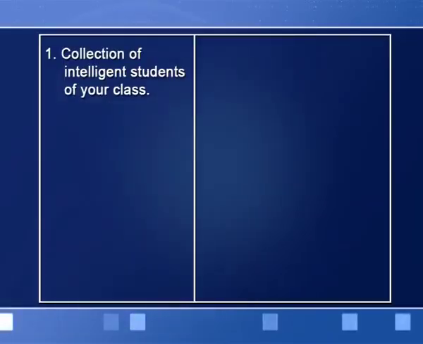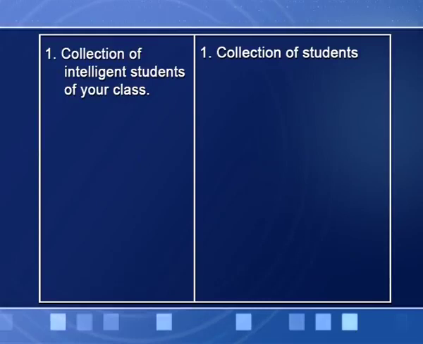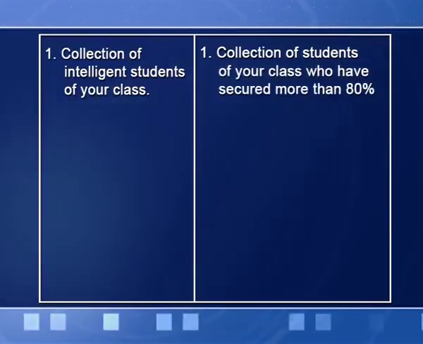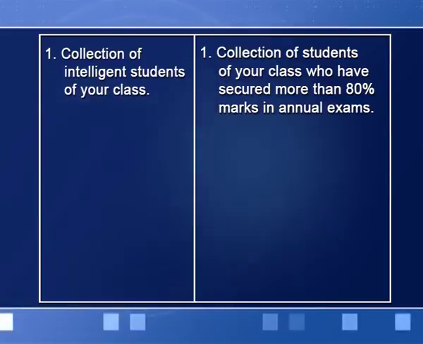And if we take this example in this way, collection of students of your class who have secured more than 80% marks in annual examination. What we are finding here, friends, in this example, we are given the students who have secured more than 80% marks. Now, 80% is well-defined.